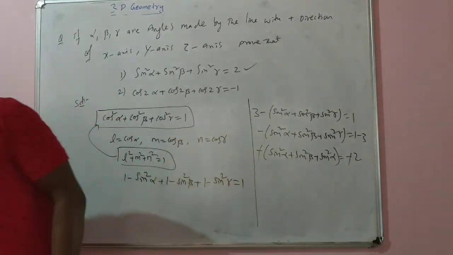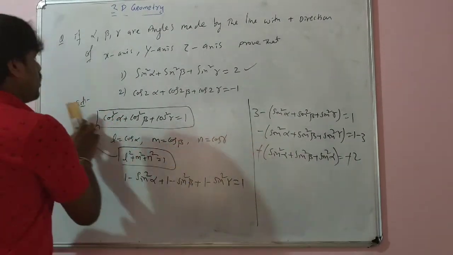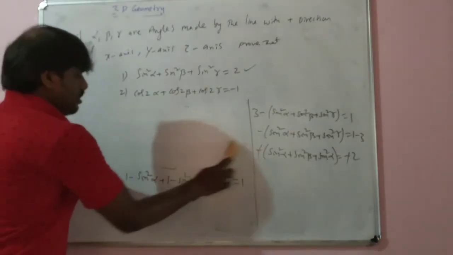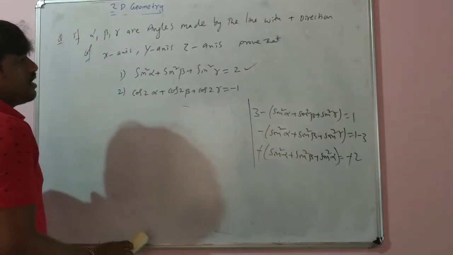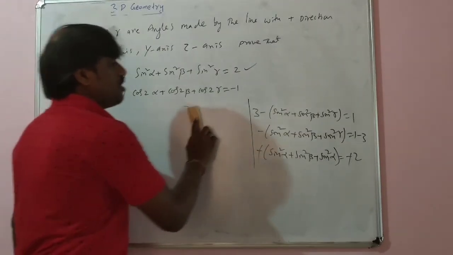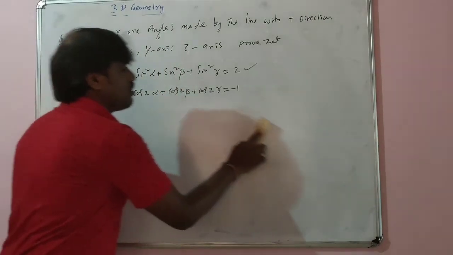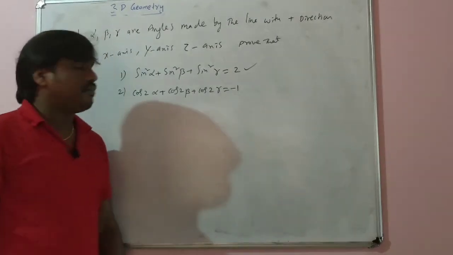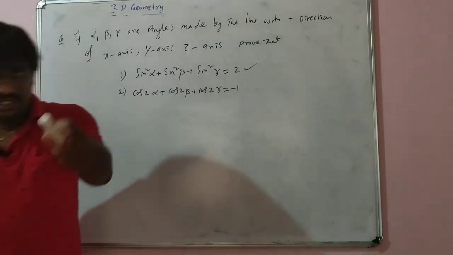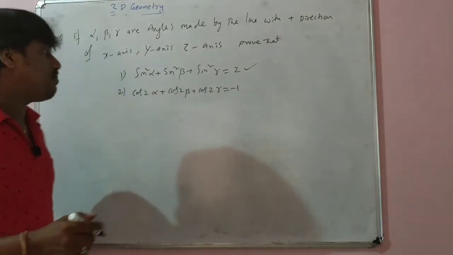Now let us go for the second question. What is said here? It is said that cos 2 alpha plus cos 2 beta plus cos 2 gamma is equal to minus 1. It's a most important question, 100% important.